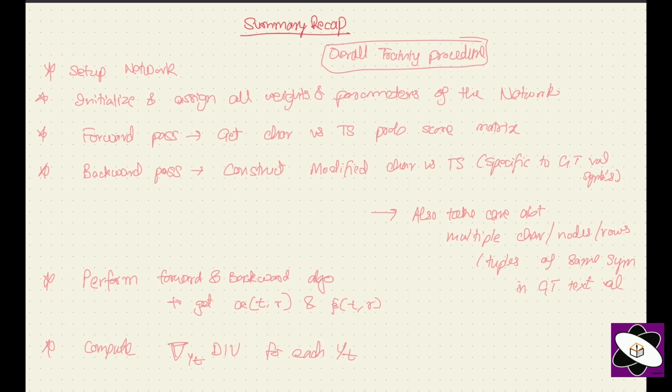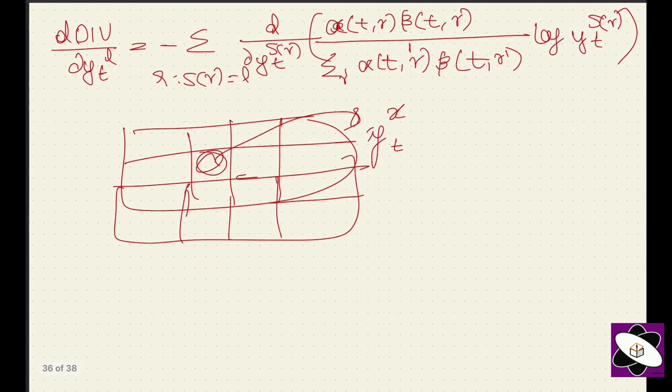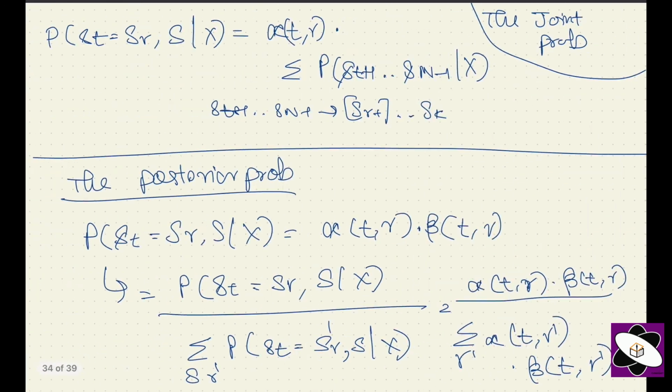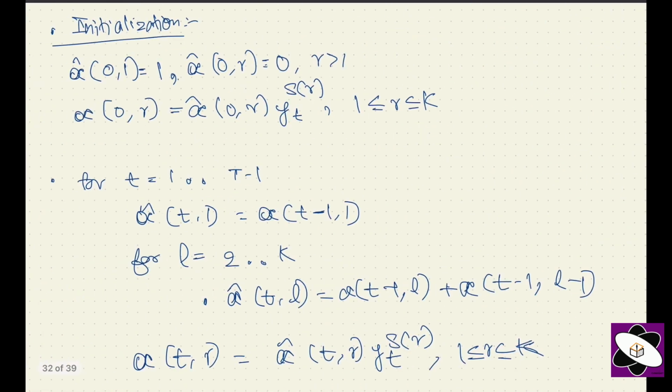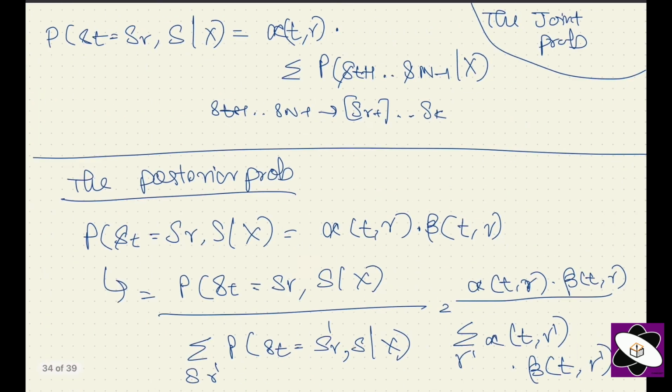Now I will just show you that beta notation, everything, how those things will happen. So here I just want to show that beta thing: beta_t(r) is like p of s_{t+1} to s_{n-1} given x.